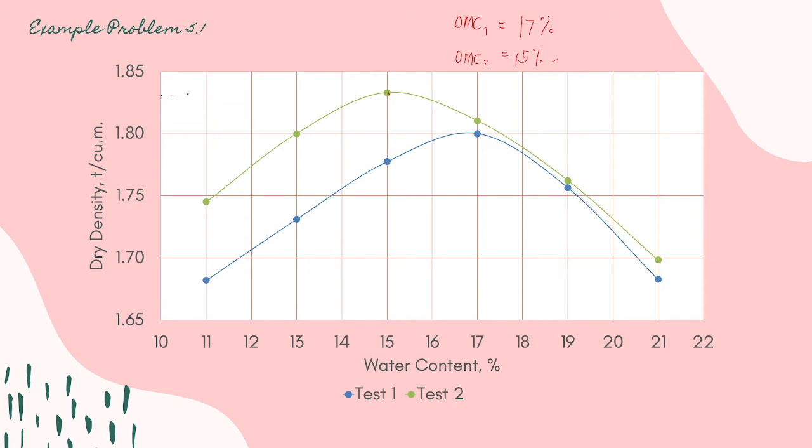We have previously discussed that compaction effort is one of the factors that affects the compaction of the soil. Again, a larger compaction effort means lower optimum moisture content and higher maximum dry density.